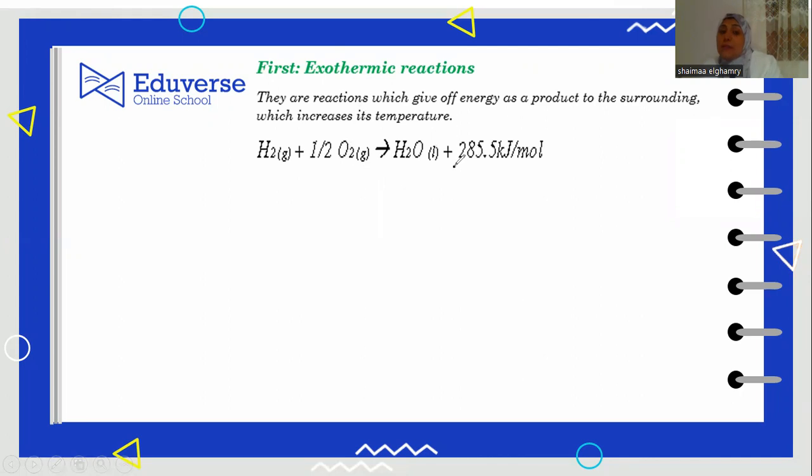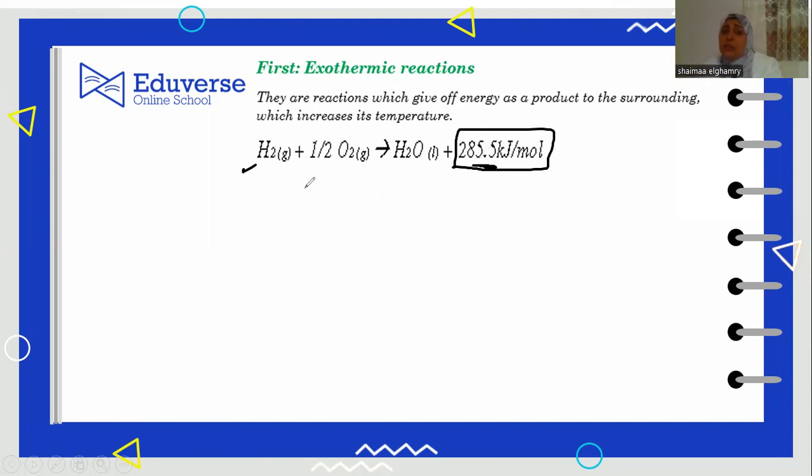So the difference comes out as energy released with the product, as heat energy released with the product. So in an exothermic reaction, you can find the amount of heat written with what? With the product, because it releases an amount of heat.